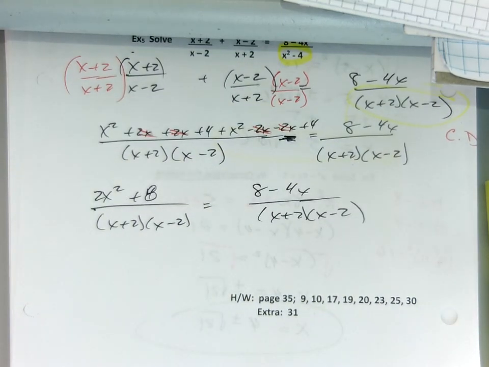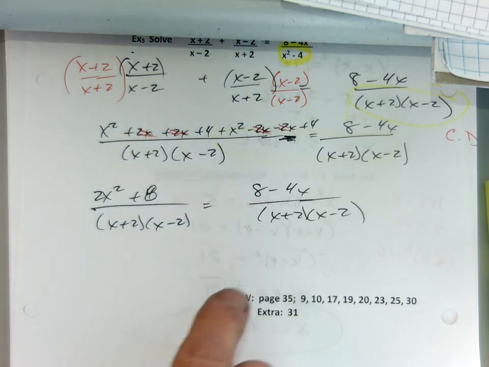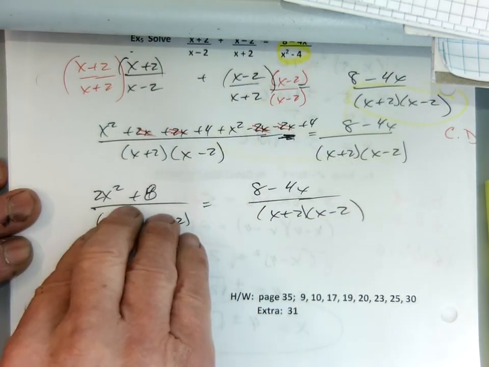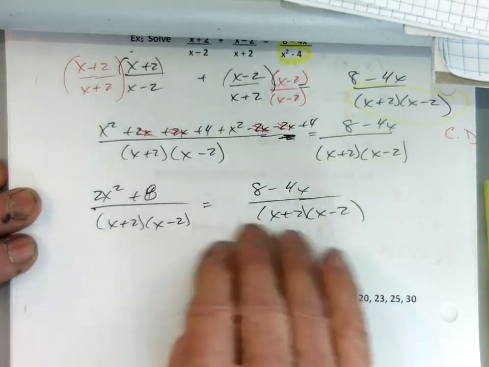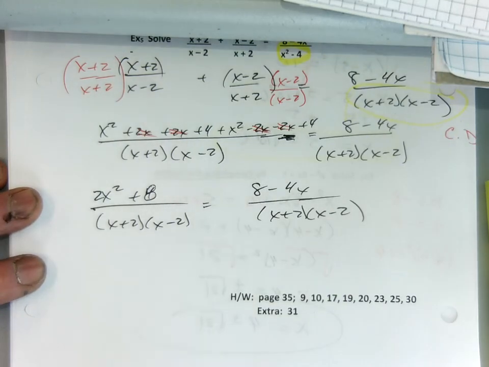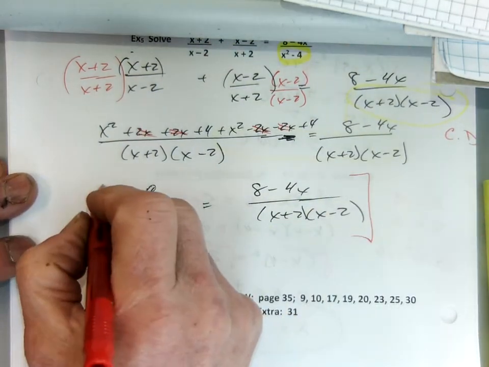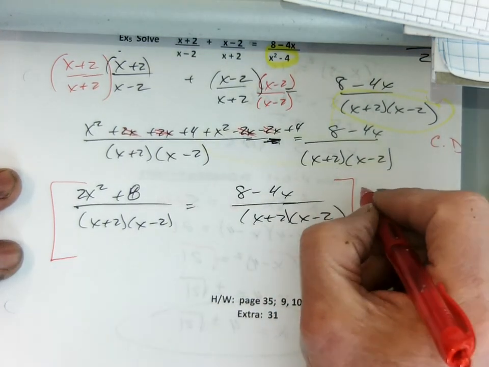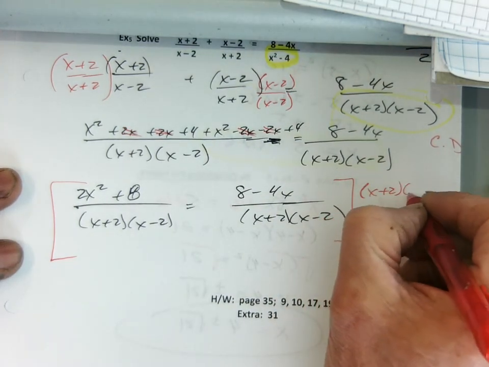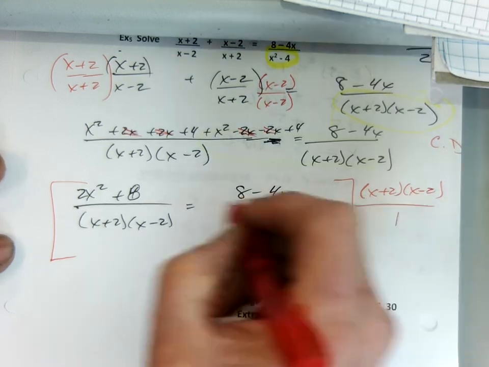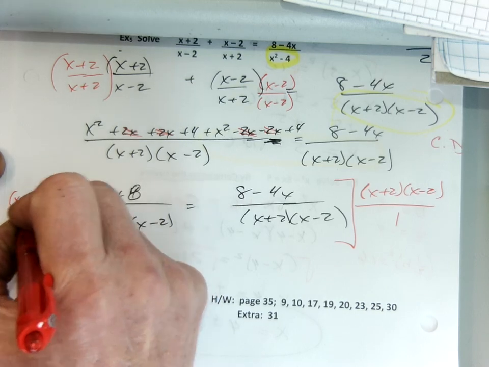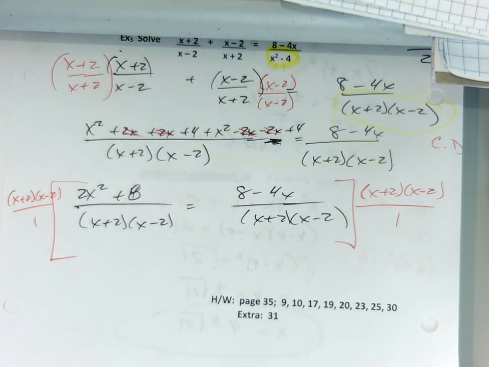Okay, now, if I have the same denominator, I can get rid of it, but I'm going to show you why. If I were to multiply both sides by x plus 2, x minus 2 over 1, you don't have to necessarily write this down, but you can watch this. Once you get a common denominator, they can cancel.